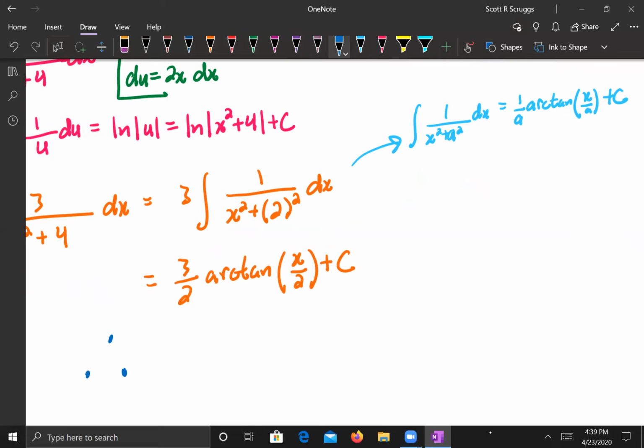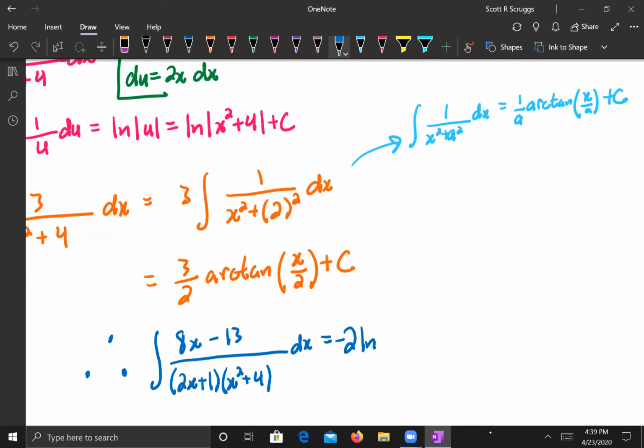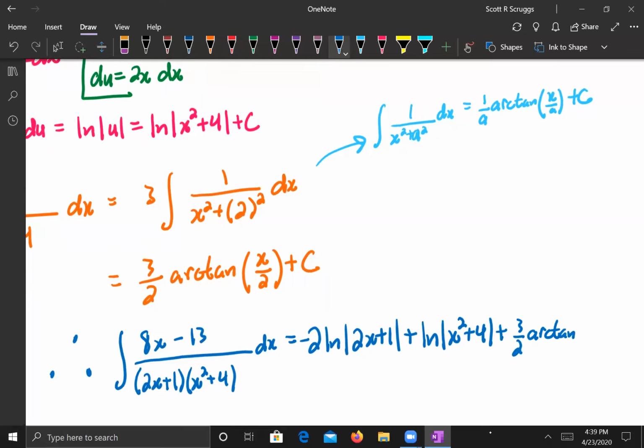So I can use my therefore symbol or my lazy triforce symbol to conclude that the integral of 8x minus 13 divided by 2x plus 1 times x squared plus 4 dx equals negative 2 times the natural log absolute value of 2x plus 1 plus natural log absolute value x squared plus 4 plus 3/2 arctangent of x over 2 plus c.